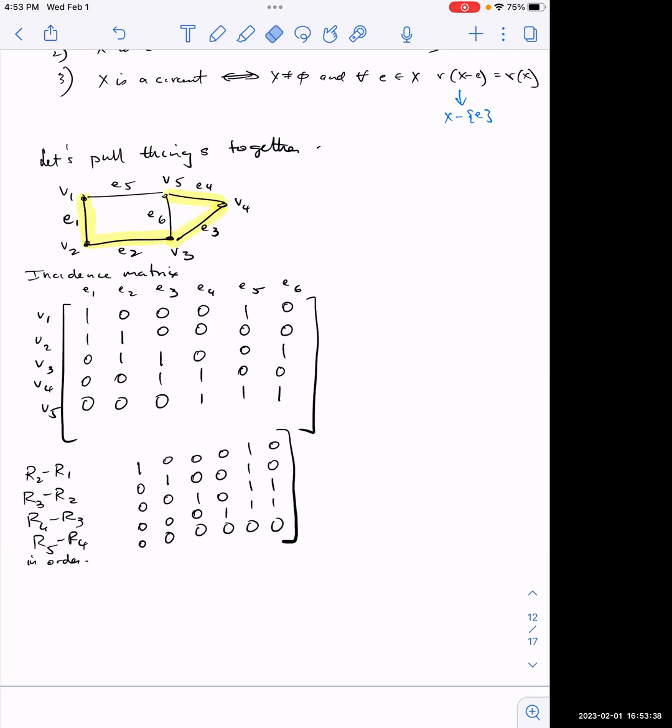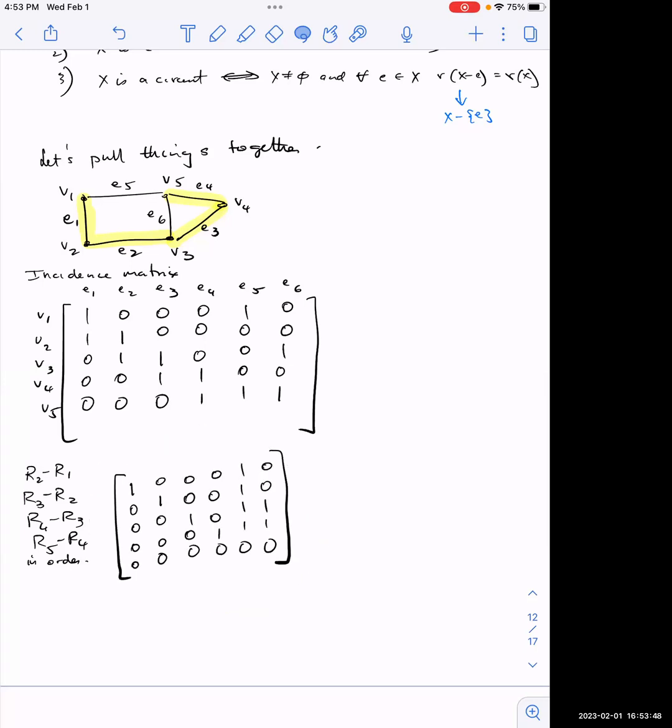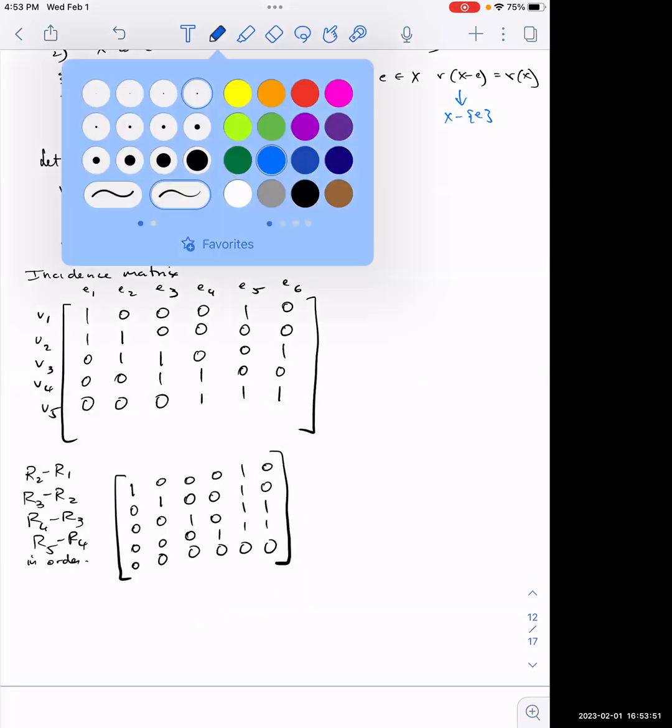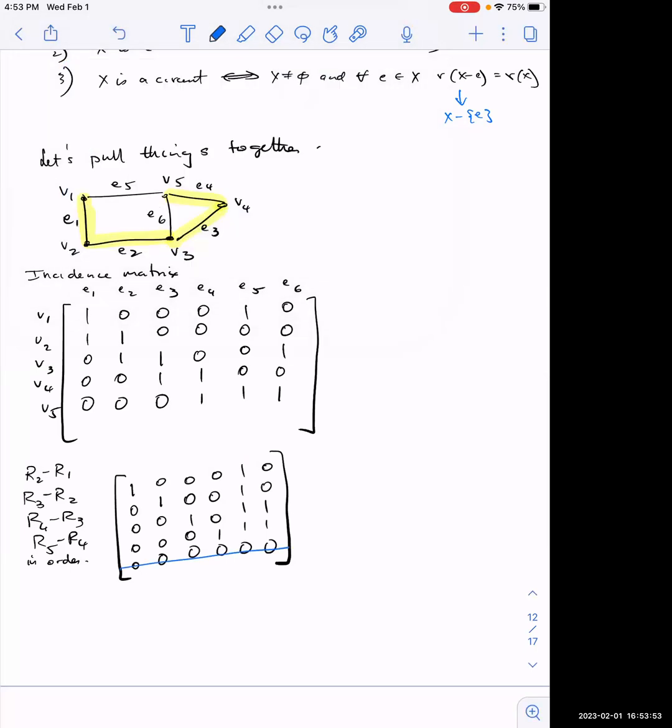Now what happens is you have that row of zeros, which can just be removed. And that gives us the matrix that we had earlier, with columns E1, E2, E3, E4, E5, E6.